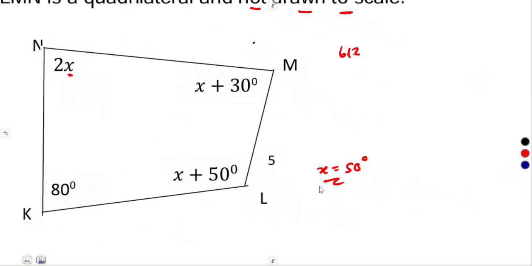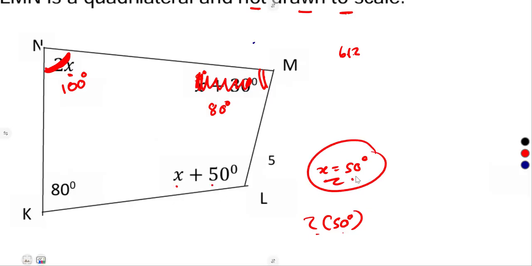This is 2x, so 2 times 50 degrees is 100 degrees. That's the numerical value of this angle. x plus 30, our x is 50, so 50 plus 30 gives us 80 degrees. x plus 50 is 50 plus 50, which is 100 degrees.